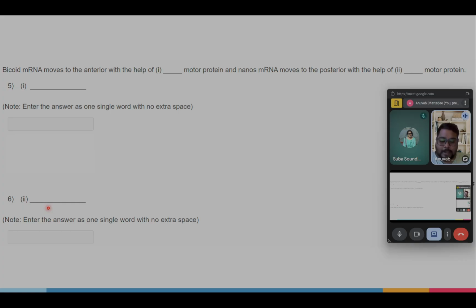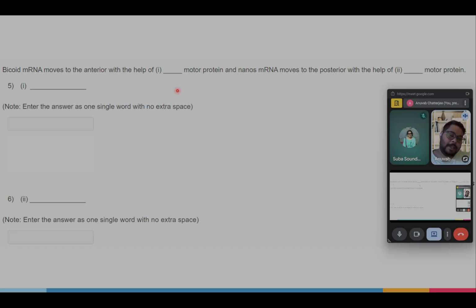And just as a hint, bicoid moves towards the anterior end, which is the negative end, towards the center of the cell, and nanos moves to the posterior end, which is the positive end.